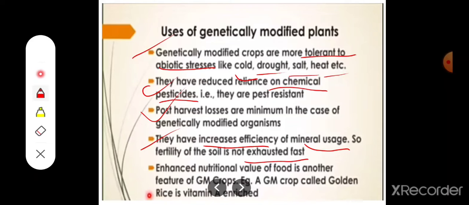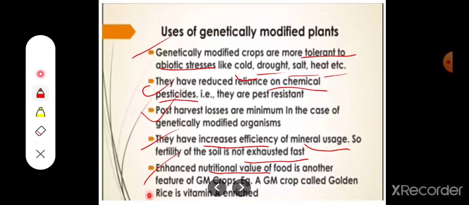Okay, and the last one is enhanced nutritional value of food, another feature of genetically modified crops. That is, we can increase the nutritional value of the food which is produced through genetically modified crops. Okay, how can the nutritive value be enhanced or increased? An example is a rice called the golden rice.